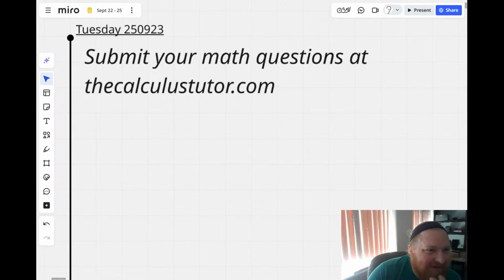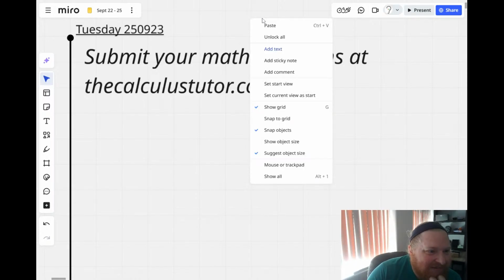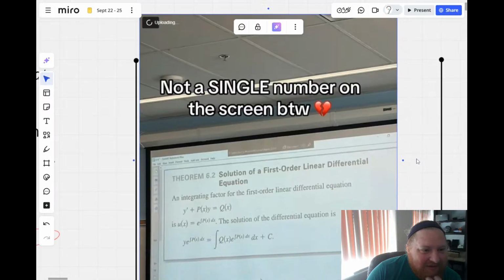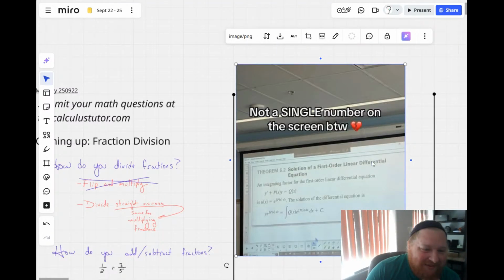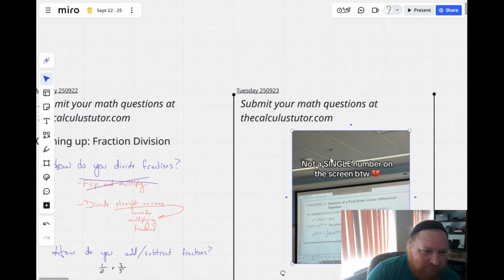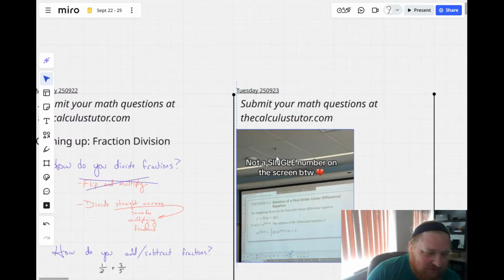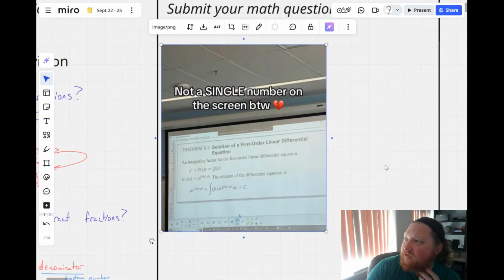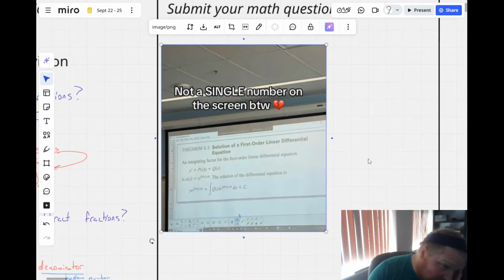All right. This is just a meme that had been posted in a related one, because of course Reddit is filling my feed with other things as well, but not a single number on the screen, by the way.